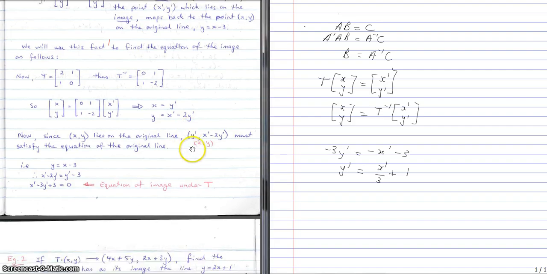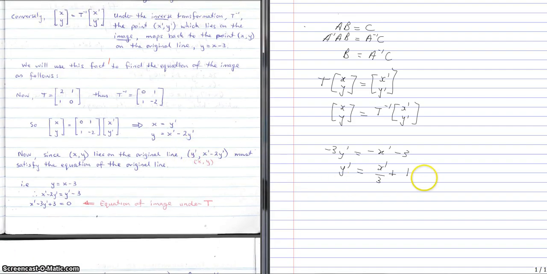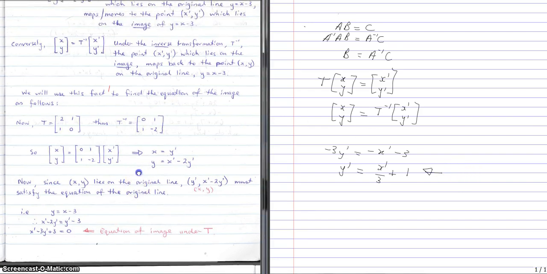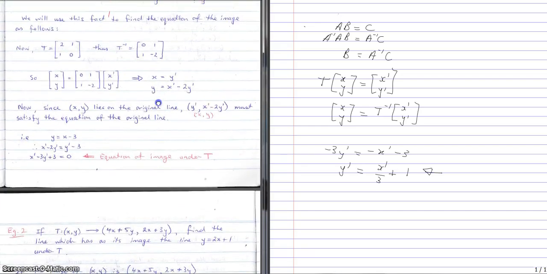That is the equation of the image under the transformation T. Alright, so I'm just going to leave it at that, and for the next video we'll look at another example.